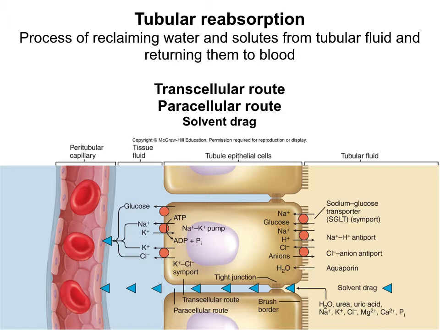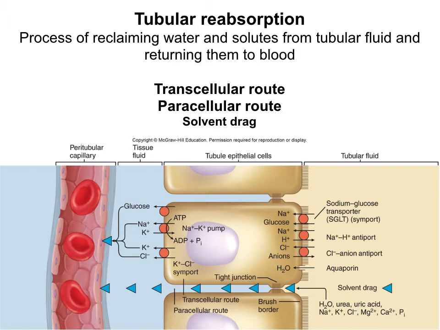In transcellular reabsorption, your solutes and water pass across the apical surface of the cell, through the cytoplasm of the cell, and then out of the cell along its basal surface into your kidney interstitial fluid.